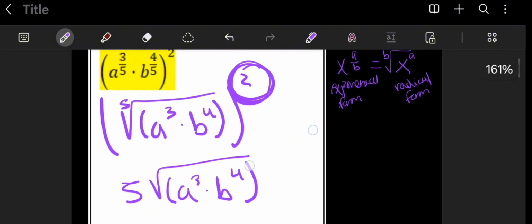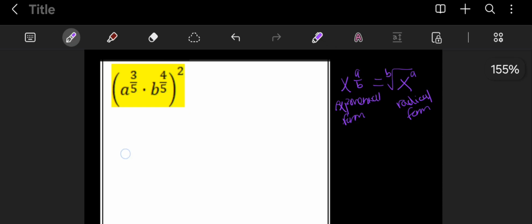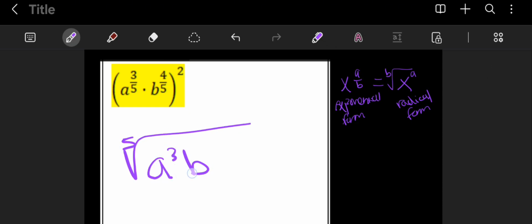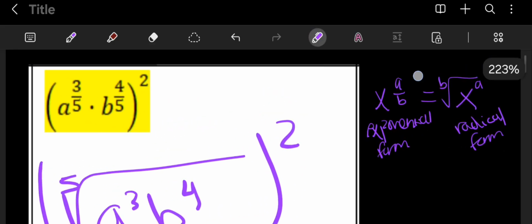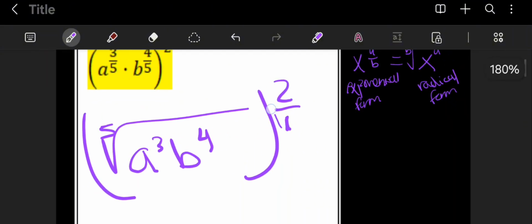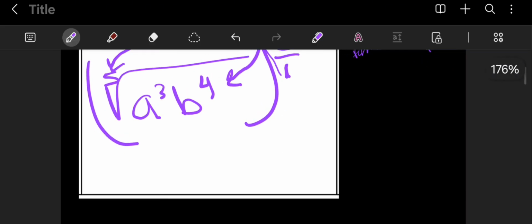All of that would be the 5th root of a to the 3rd times b to the 4th, and that is all squared. But we can actually go a little step further, because if you remember from these little rules right here, this technically has a b value of 1, right? So this one is going to go to the outside, and the a value is going to go to the inside.